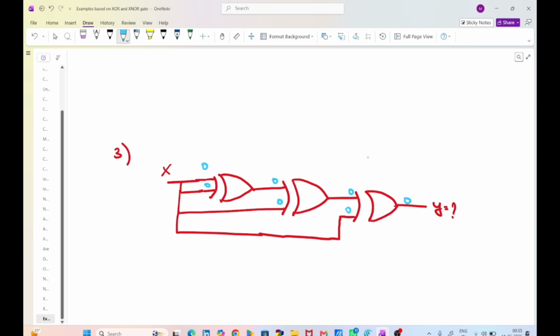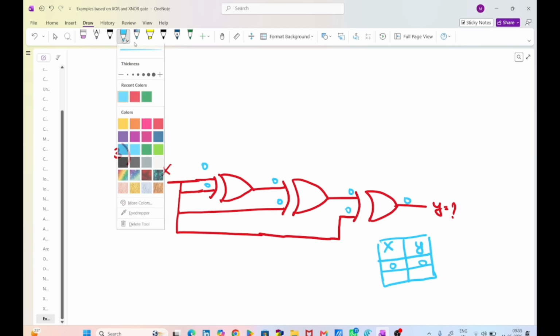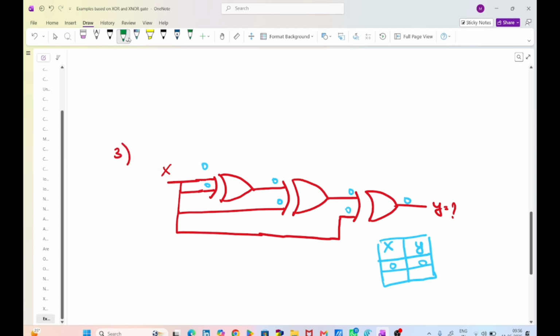Let us write the table here, X and Y. Let X be 0, the output Y is 0. Now let the input be 1, that means X is equal to 1 1 1 1.